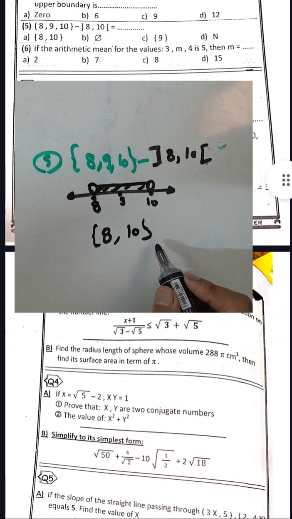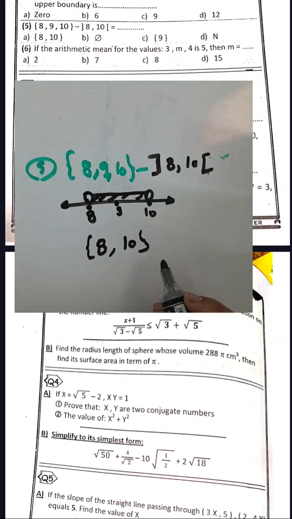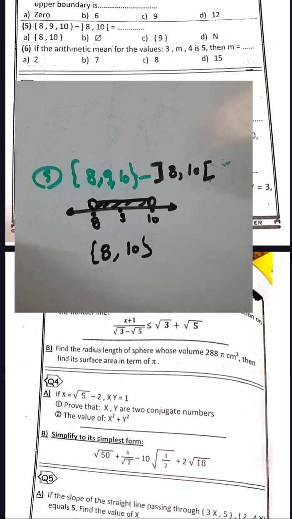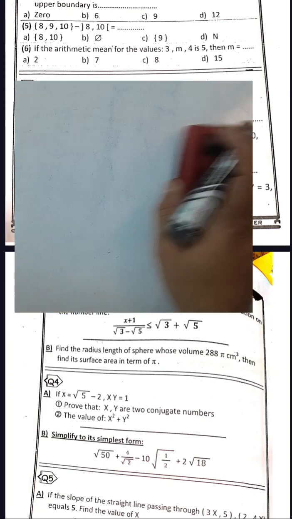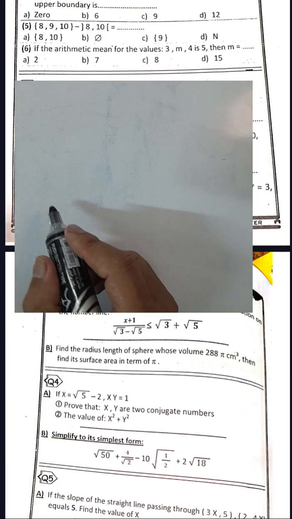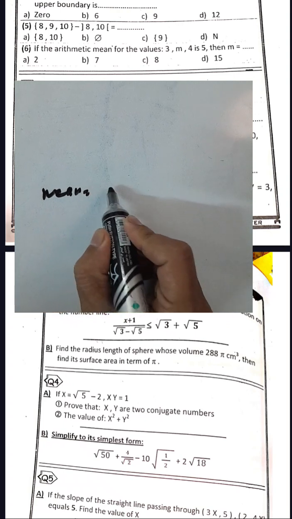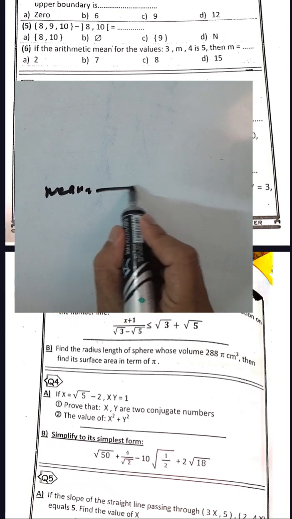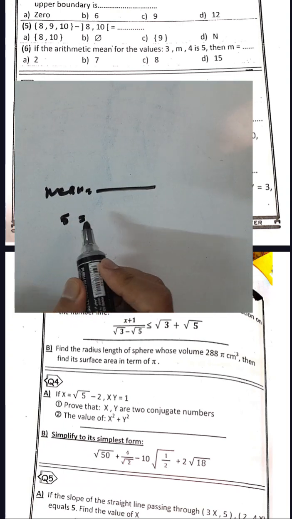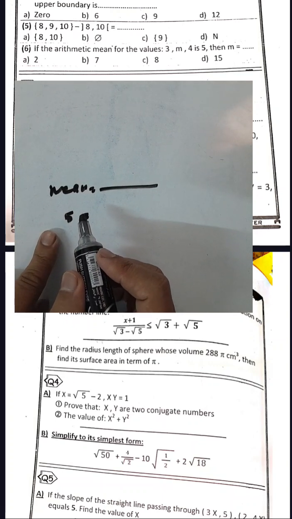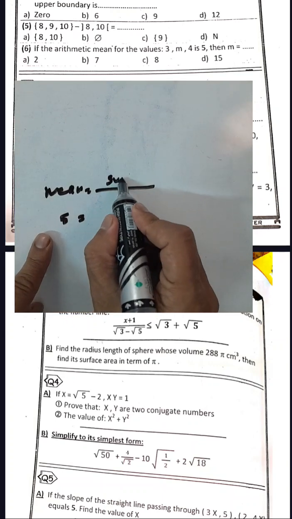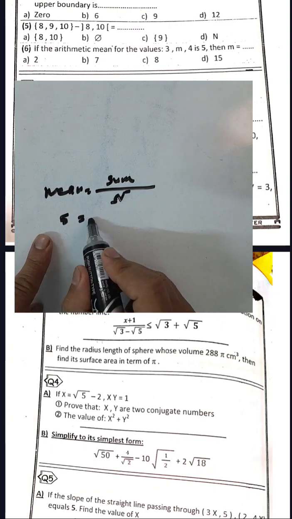Question letter A. Question number 6. If the arithmetic mean for all values 3, m, 4 is 5, he gives us the mean equal to 5, and we know the mean equals the sum of all values divided by the number of values.